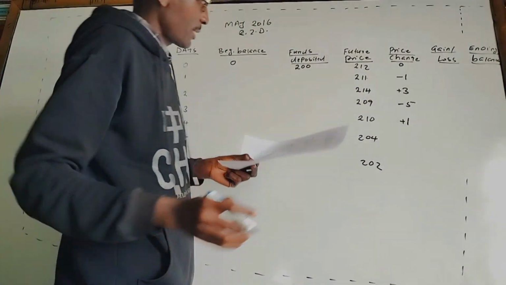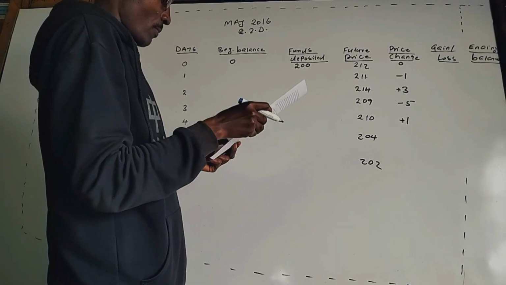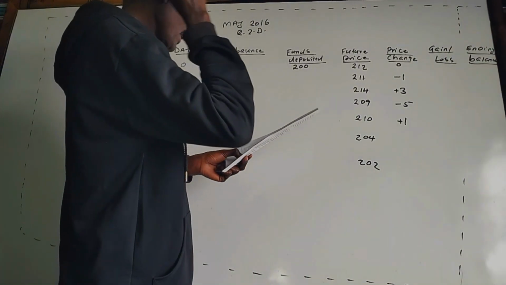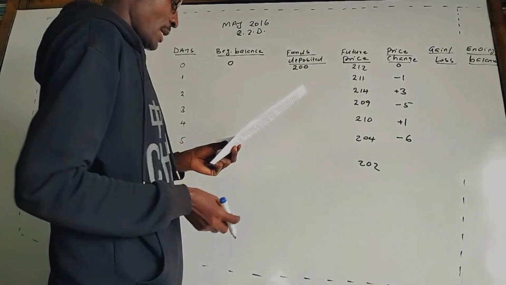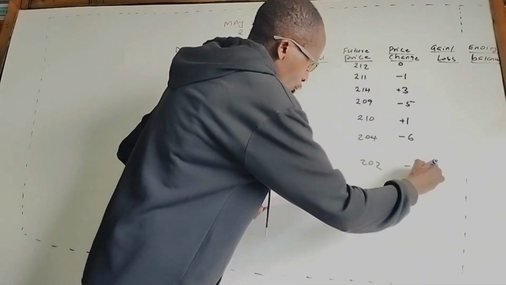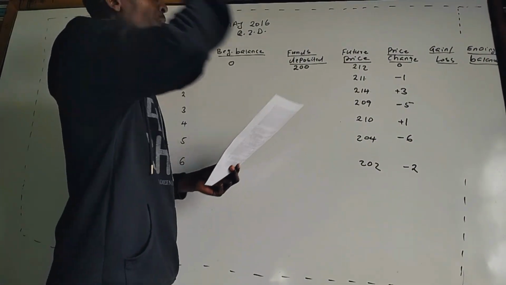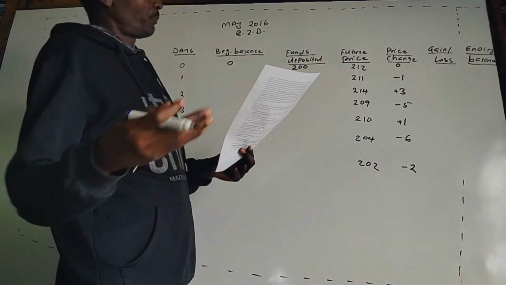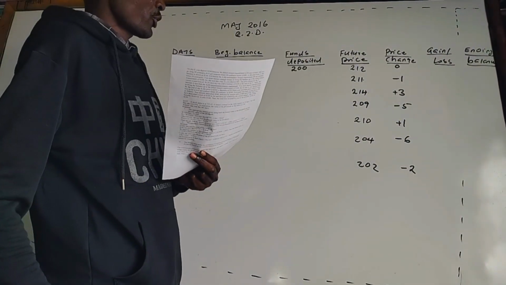And then the next one is 204 minus 210, which is -6. And then the last one is -2. That is 202 minus 204. These are the price changes. So that is how you get that column.